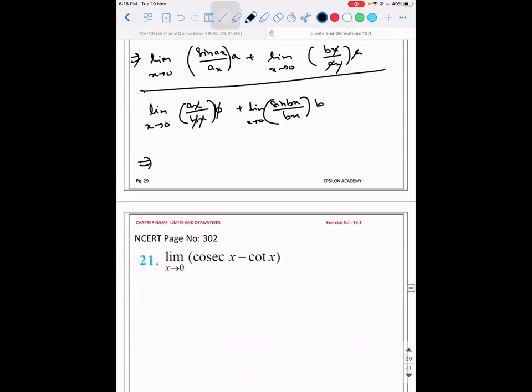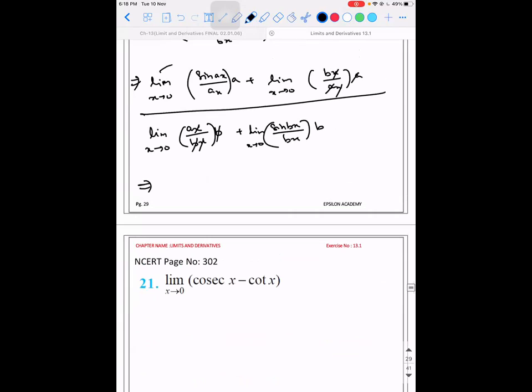So what is it that you will get in the numerator? Limit x tends to 0, sin x by x into a. What is it, guys? See, if there is a doubt, ask, or else tell me.